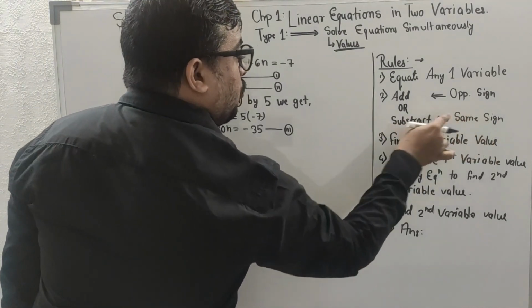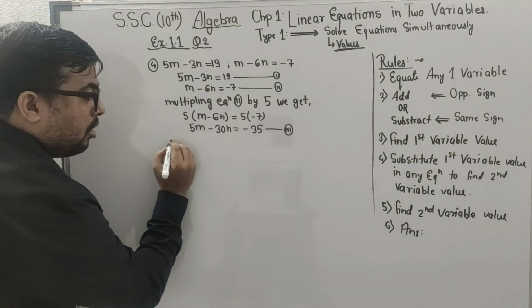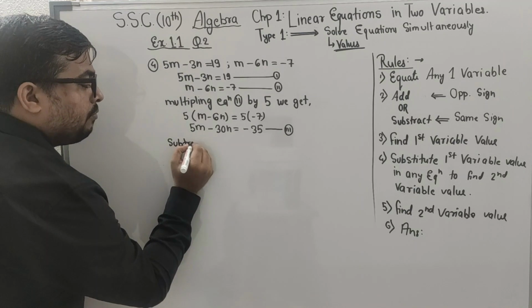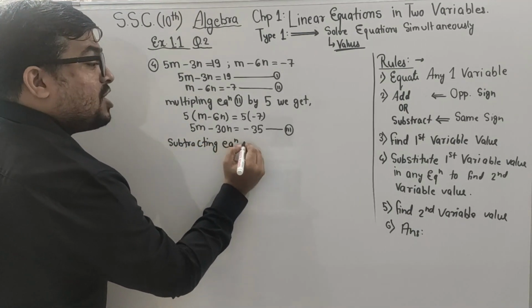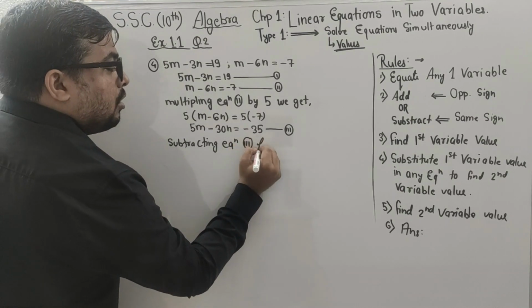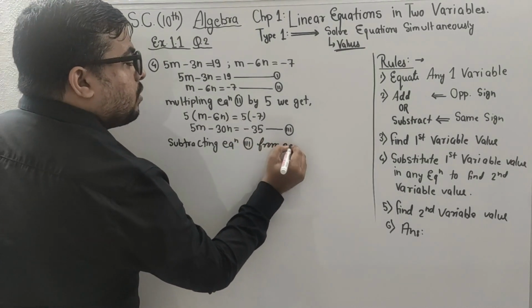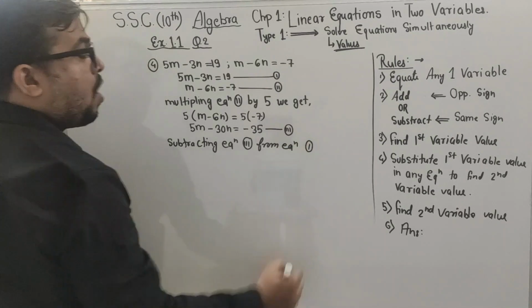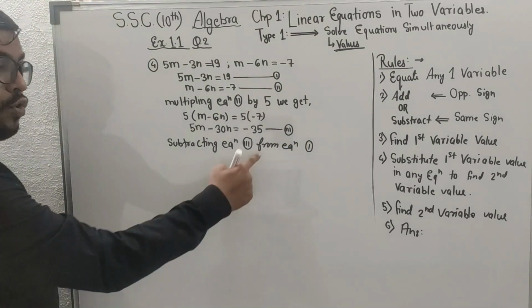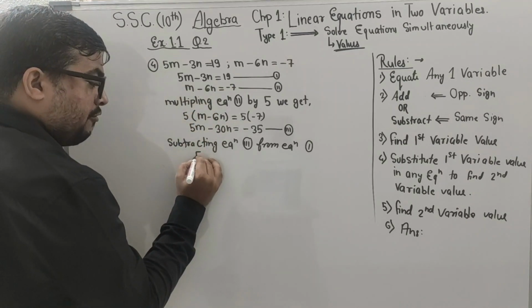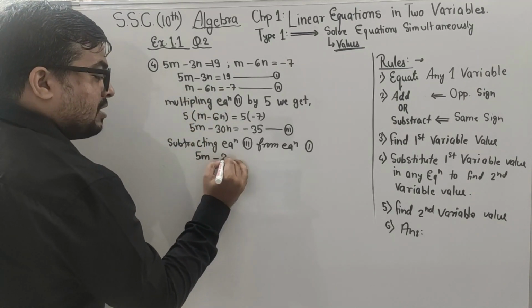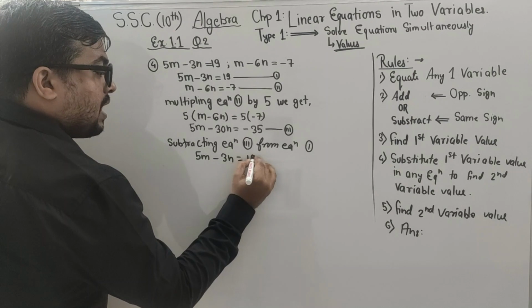So for this you have to subtract again. Subtracting equation 3 from equation 1. So from के बाद क्या लिखा बेटा? Equation 1. Equation 1 is 5m minus 3n is equal to 19.